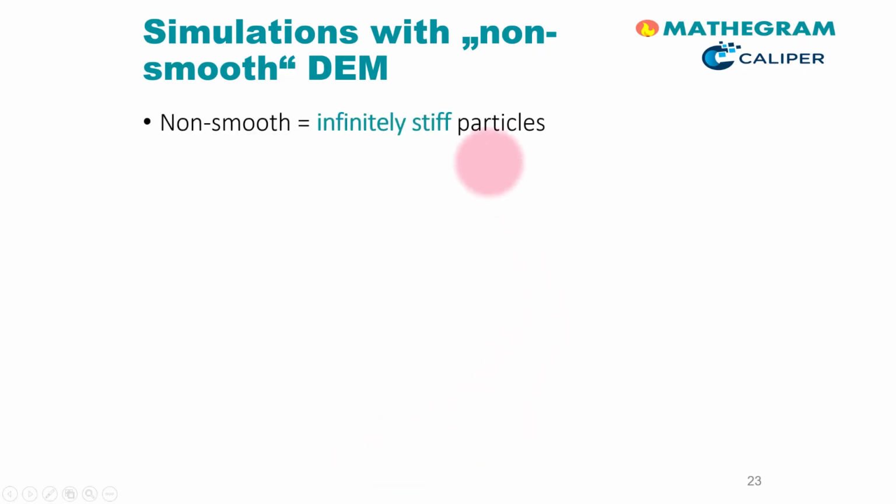Non-smooth in this context means that we consider particles to be infinitely stiff, meaning we consider the limiting behavior of an infinitely large Young's modulus of the particles. It is already obvious that for such a situation, classical contact force laws that we have already discussed do not make any sense.